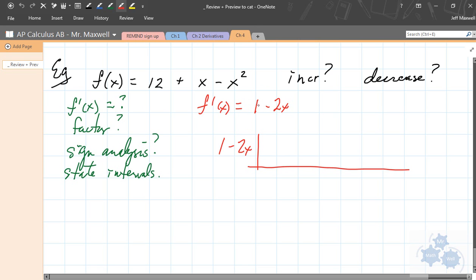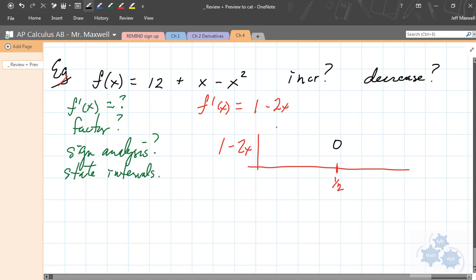Okay, so go ahead and take a minute to do that. So your derivative is 1 minus 2x. Where is that equal to 0? So do your little 1 equals 2x, x equals 1/2. So we have this special number right here that yields 0.